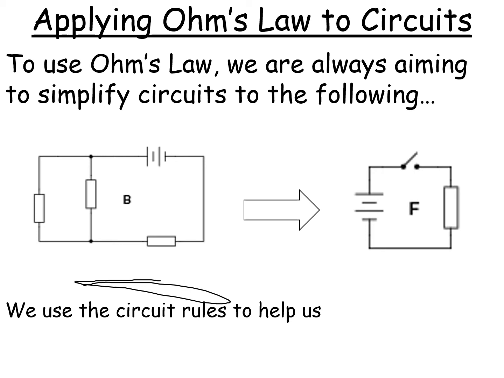So the trick here is that we always want to simplify the circuit until it just has one resistor and a battery. That's what we're always aiming for. And if you think back to the previous lesson when I asked you to always sketch the circuit, that's the reason why, because then you can keep track of all the changes that are happening. So we're going to use that skill again.